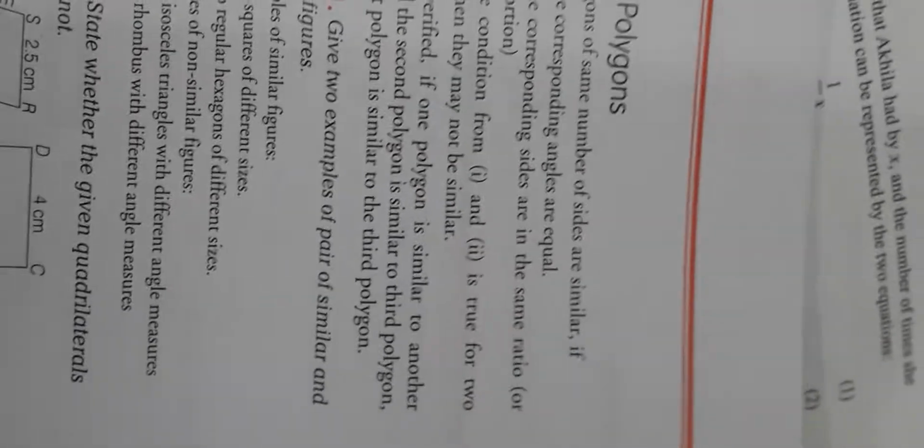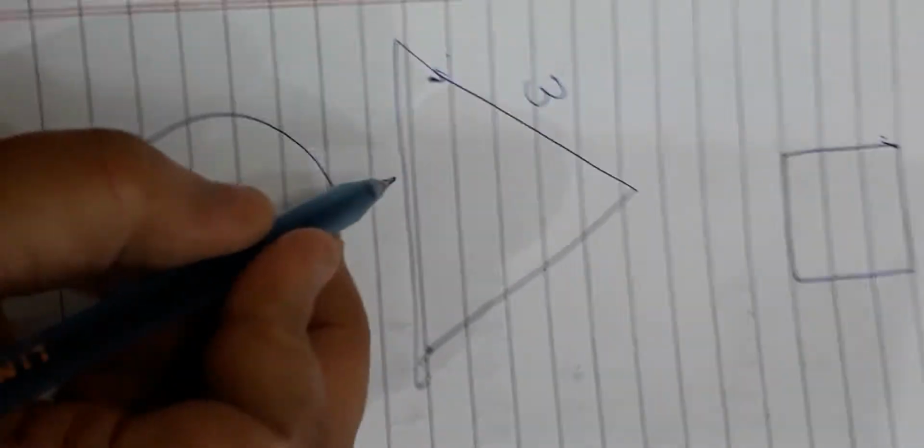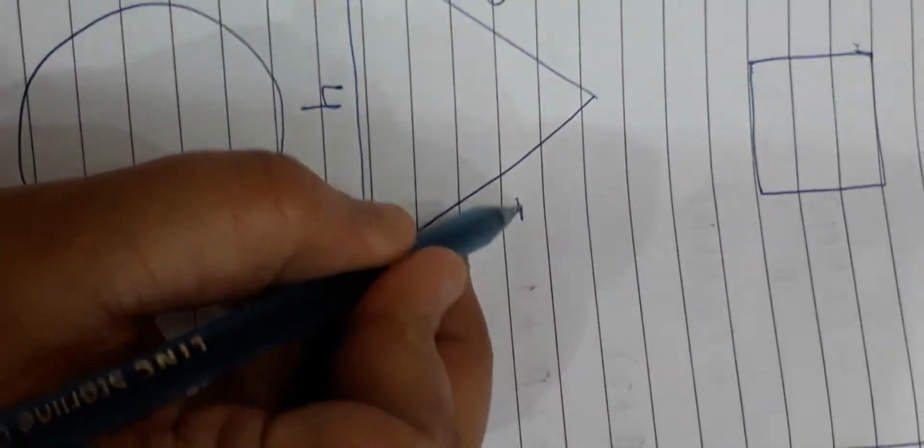in the same ratio. For example, if the sides of this triangle are 3, 4, 5 and of the other are 6, 8, 10, now the ratio of corresponding sides: 3 upon 6 is 1 upon 2, and 4 upon 8 is equal to 1 upon 2, and 5 upon 10 is equal to 1 upon 2.